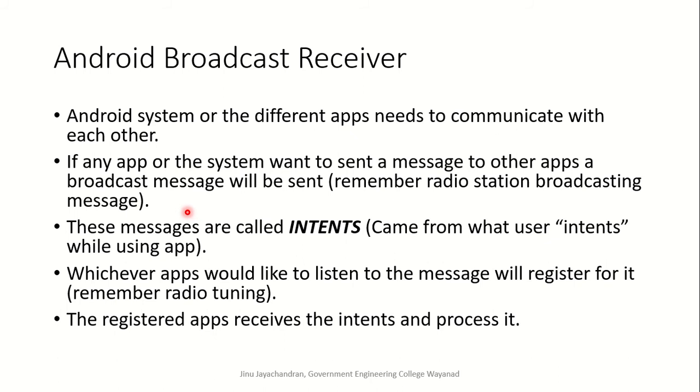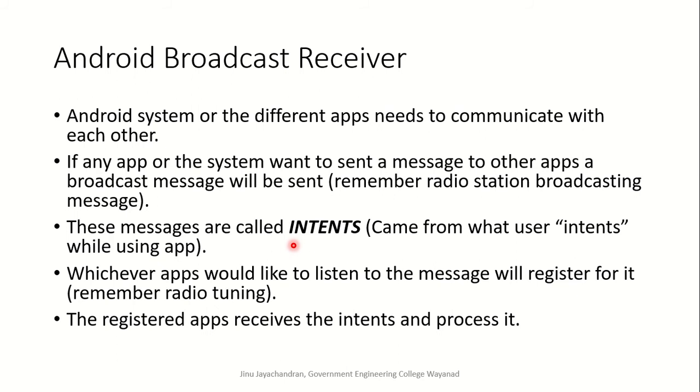These messages have a special name in Android. They are called intents. As the name indicates, it came from what the user intends while using the app. Let's say you are using WhatsApp: your intention is to send a message to another user.